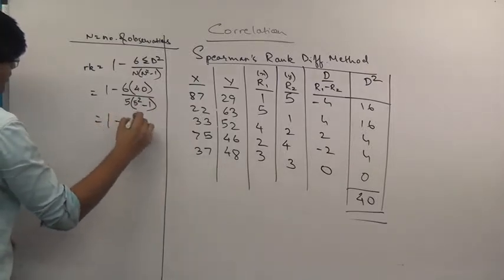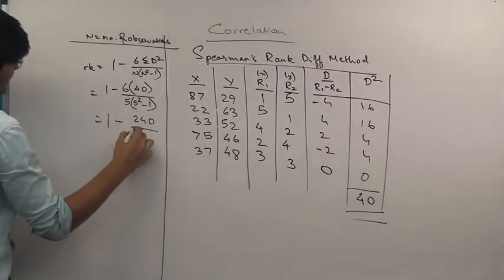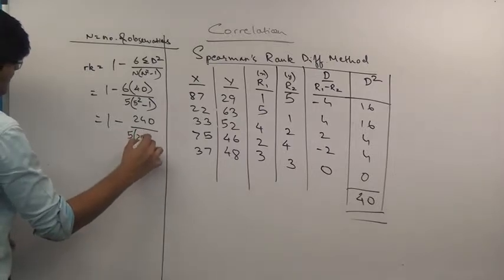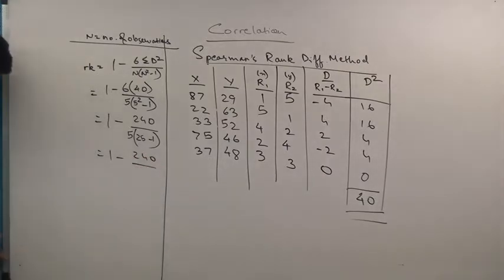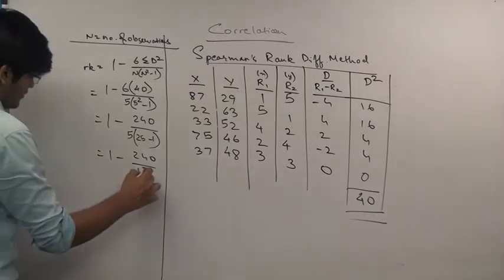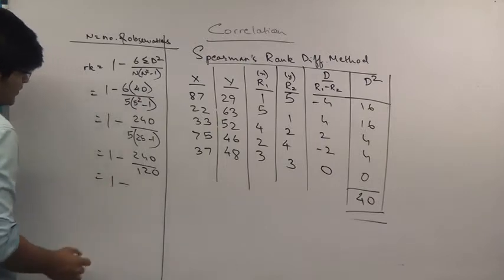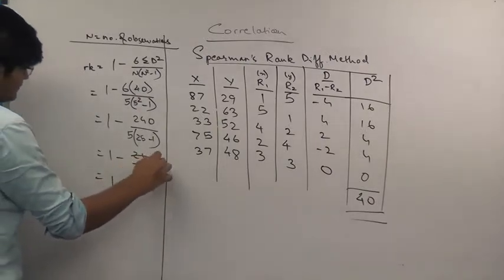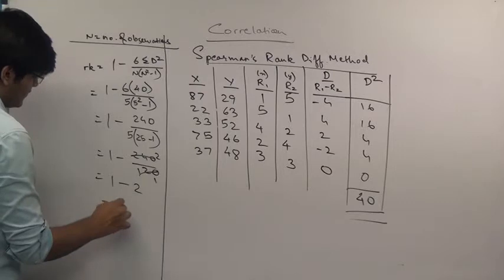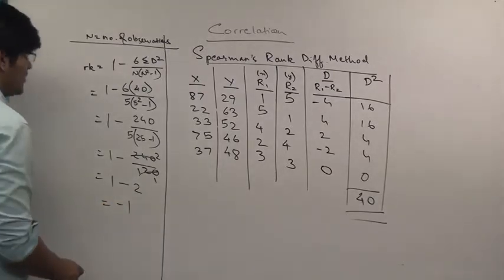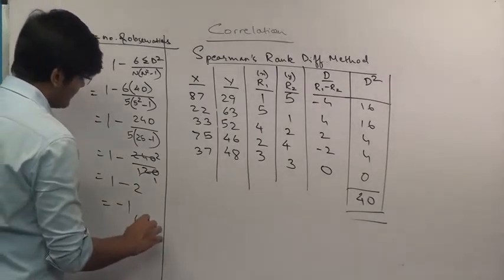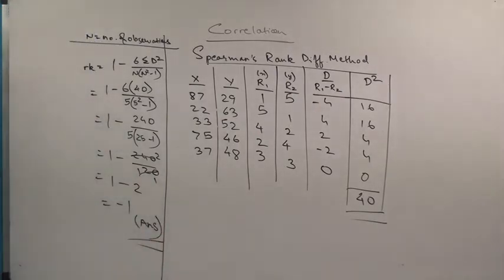So we get 240 divided by 5 into 25 minus 1. Multiply 24 into 5. Pretty easy. Answer will be minus 1. So this is negative correlation.